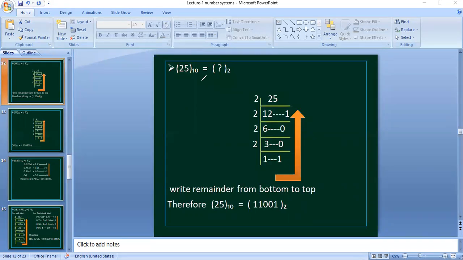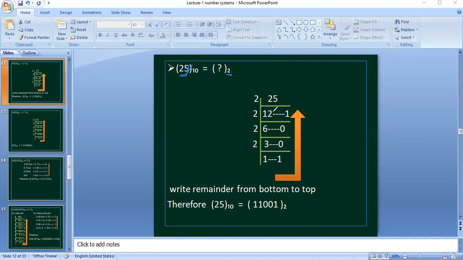To convert this number into binary, the destination radix is 2. So I'm explaining the integer part: we divide 25 by the destination radix, 2.